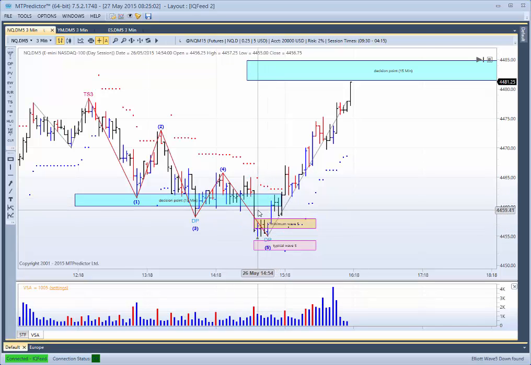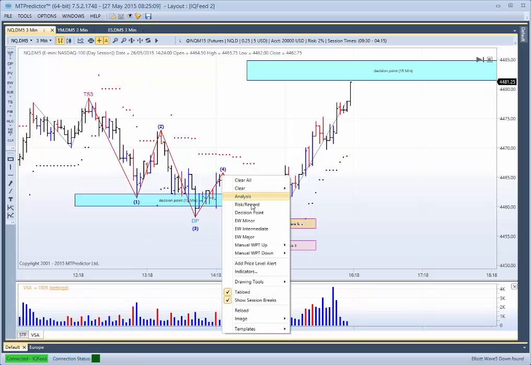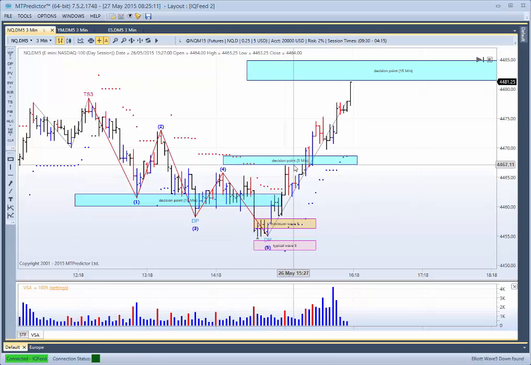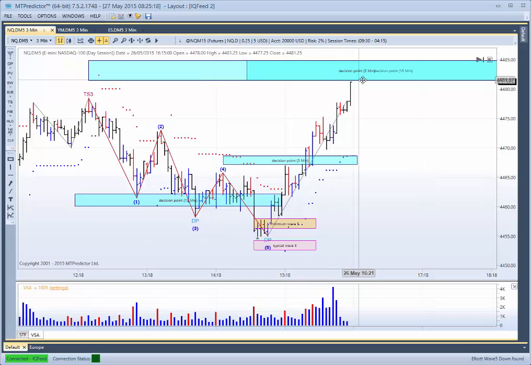But also from this, after a market has gone to the DP for the prior wave 4, which was here, the next level that the market is likely to go to is actually the DP from the start of the sequence, which is back here. And coincidentally, that's exactly where the higher time frame DP resistance is as well.